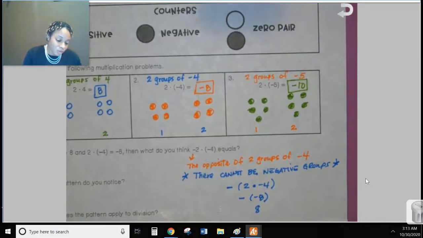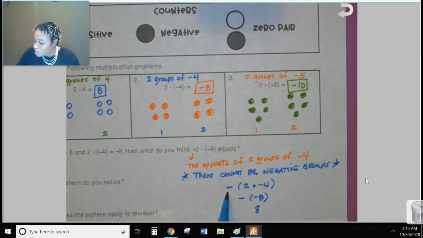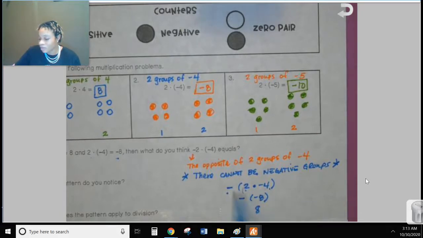So the opposite of two groups of -4 will give me a +8. We kind of want to leave that negative to the outside, work what's on the inside, what's our grouping, and then find the opposite of that final answer. Okay?